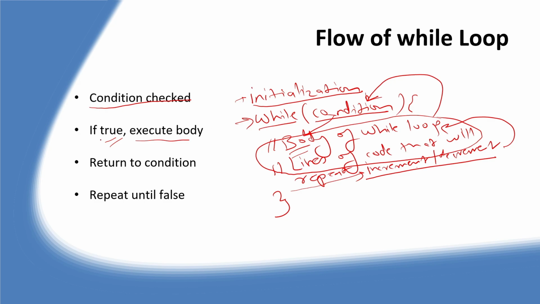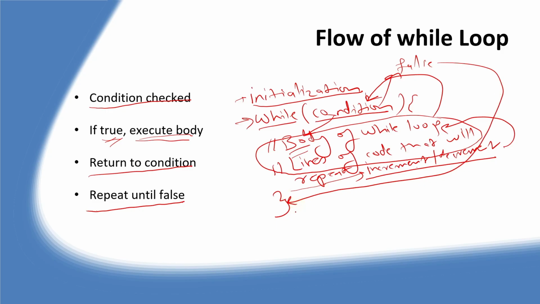So that is written: if condition is true, execute body and return to condition. Repeat until condition is false. When the condition becomes false, it will come out of the loop, end of while loop.